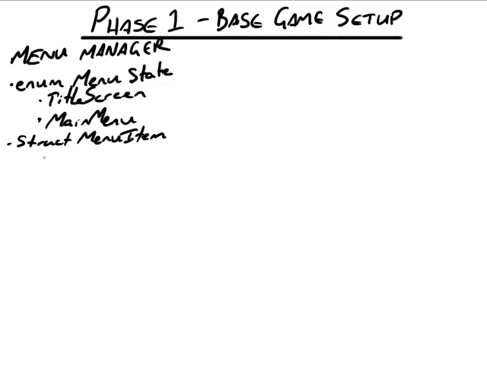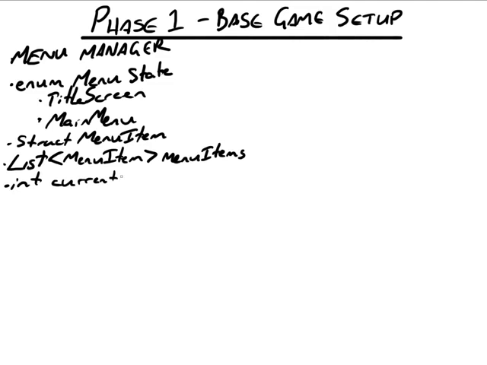We'll take a look-see at that one in just a moment. What are the menu items? It needs a list of type menu item, called menu items, and we need to know which menu item we're currently on, so int current menu item. There we go. And that is all those.